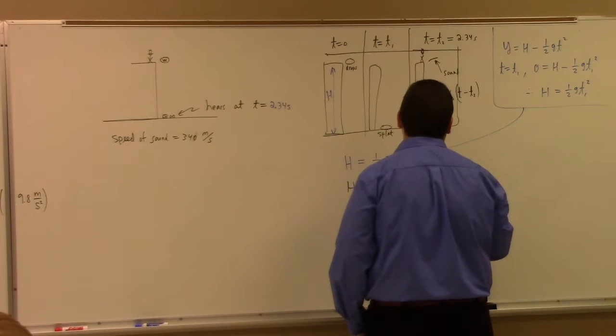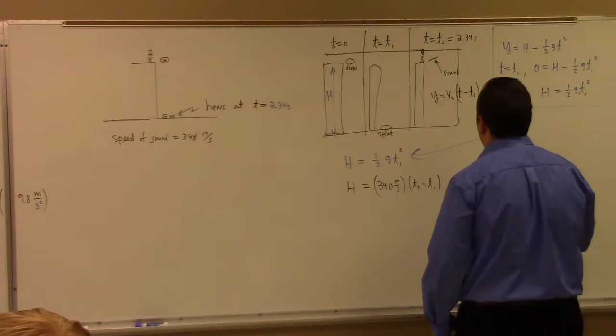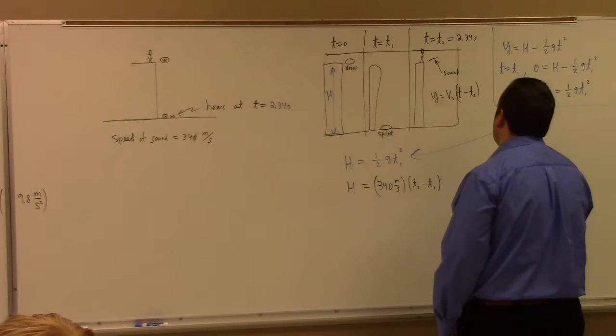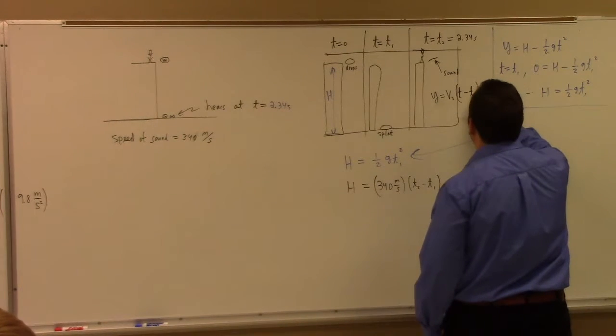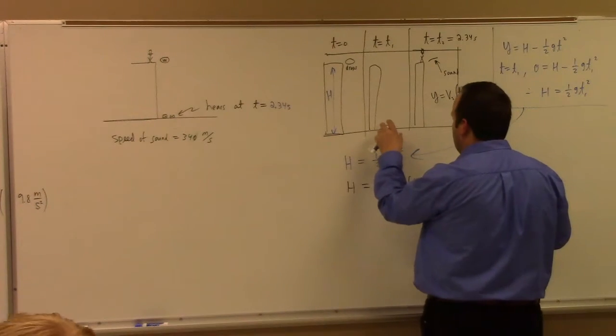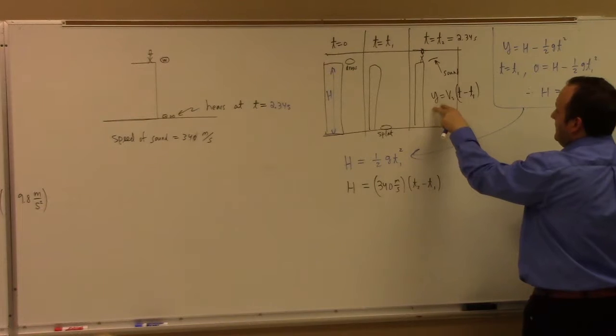This is a T1, I'm an idiot. T1. Right, because the sound starts at time equal to T1, splat, and then it travels up. So at t equals T1, y should be equal to 0.